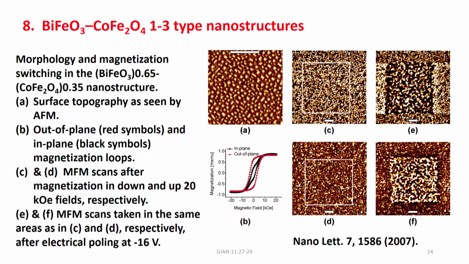So, it is domain switching of the cobalt ferrite due to magnetoelectric interactions with bismuth iron oxide. The same case here, the magnetic field is in the opposite direction compared to this. Then once again you apply a voltage of minus 16 volts, there is a switch in the magnetic domain orientation, and this is what you observe. So, these are evidence for coupling between the two phases through mechanical strain.